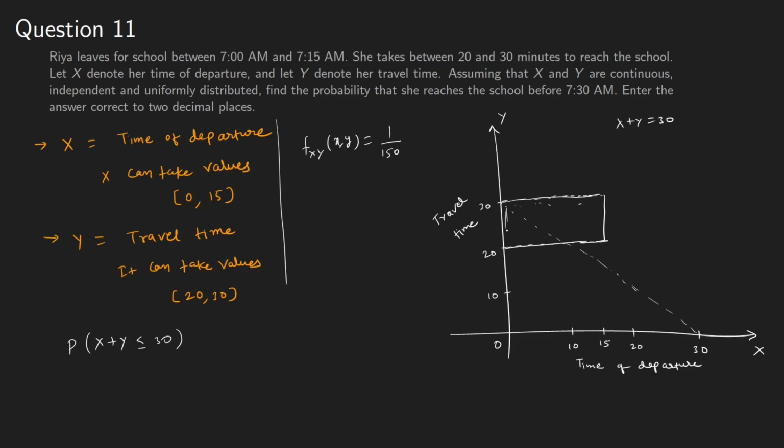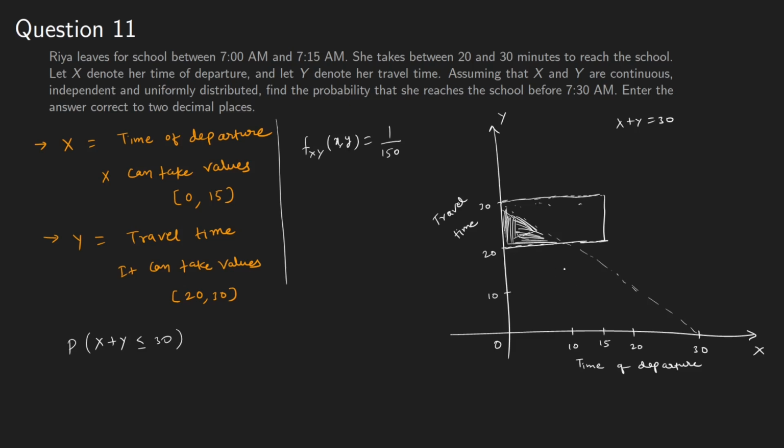It means we have to find the probability that the random variables x and y will fall in this region. We can find the area of this region and divide it by the total area of the support. In this way, we will be able to find the probability that x and y will fall in that region. Because x and y are uniform, we don't need to necessarily integrate the probability.